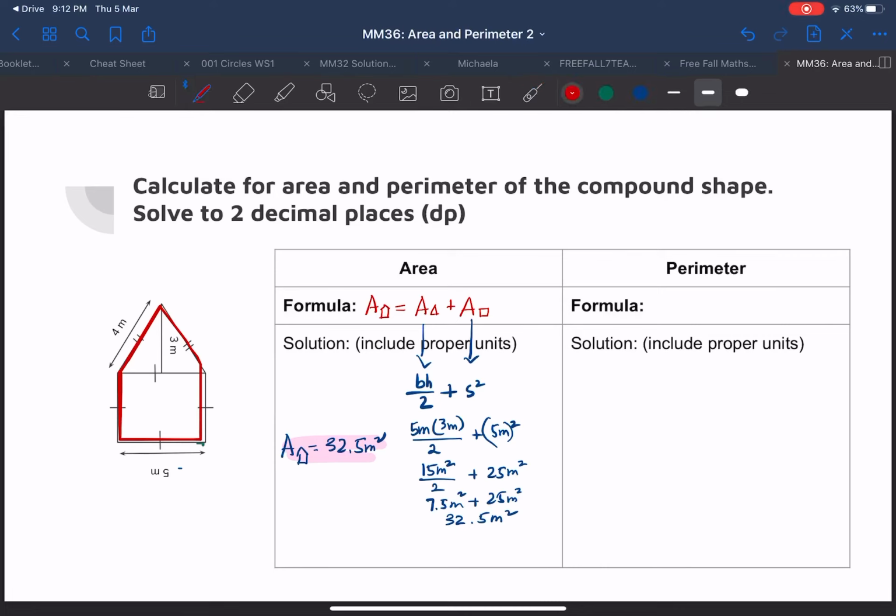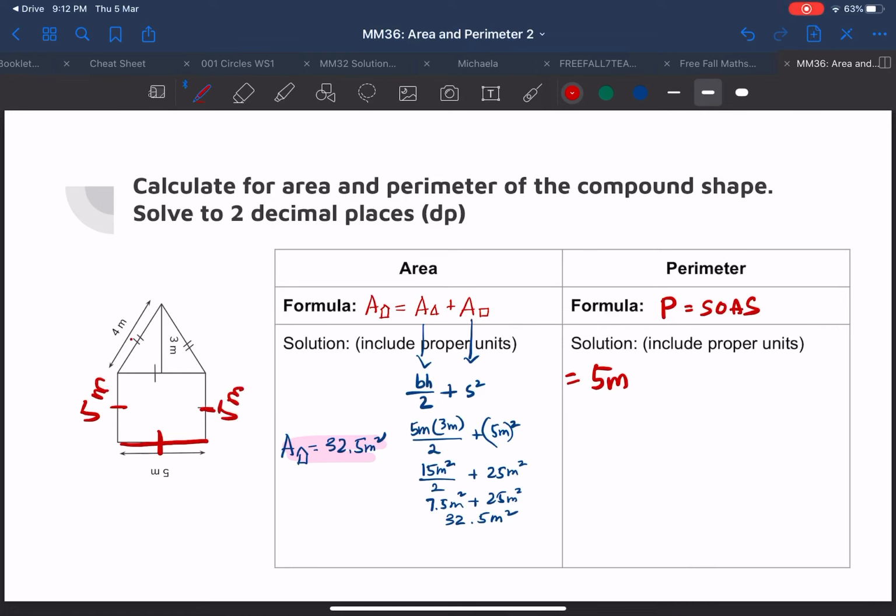So our formula is: perimeter is the sum of all sides. This is a side, 2, 3, 4, 5. So 5 sides. And what are the measurements of those sides? Since these have 1 stroke each, all of them are 5 meters.